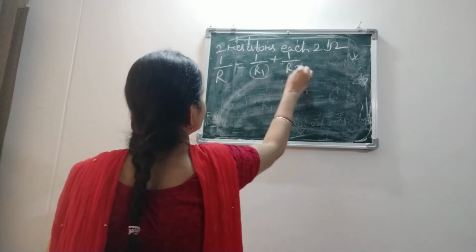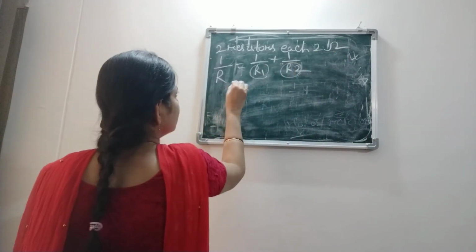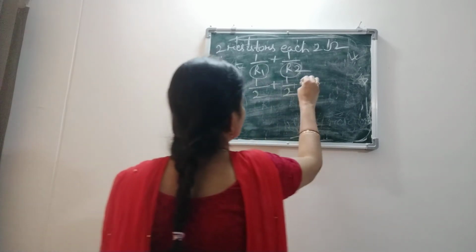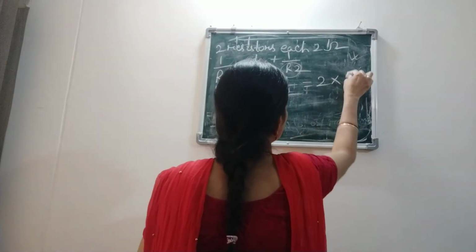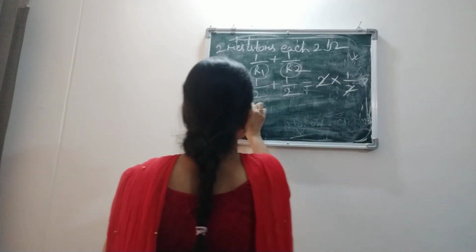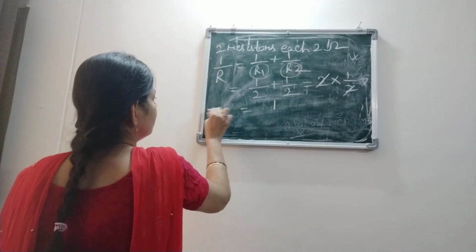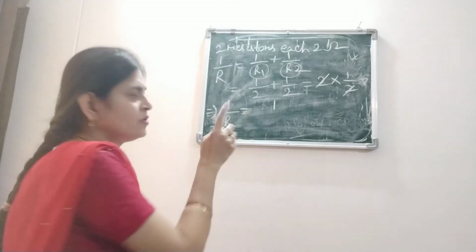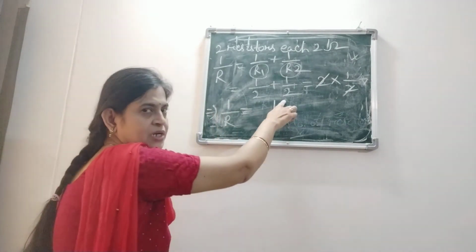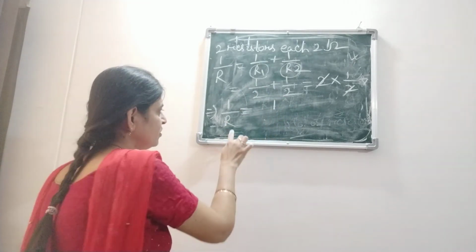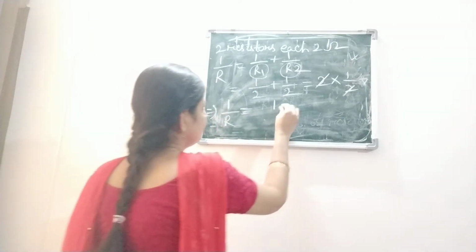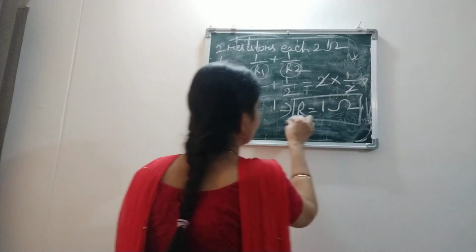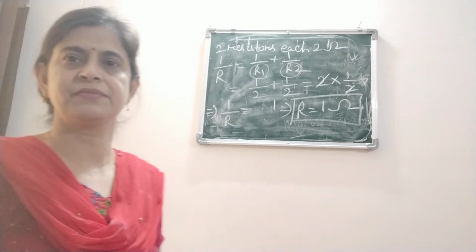Now, put the values of R1 and R2, which are 2 ohm. 1 divided by 2 plus 1 divided by 2, or you can write 2 into 1 by 2, that is equal to 1. So 1 divided by R is equal to 1. Now you have to take the reciprocal of both sides so that you can find the value of the resultant resistance. So you can write R is equal to 1 ohm. Now it is clear.